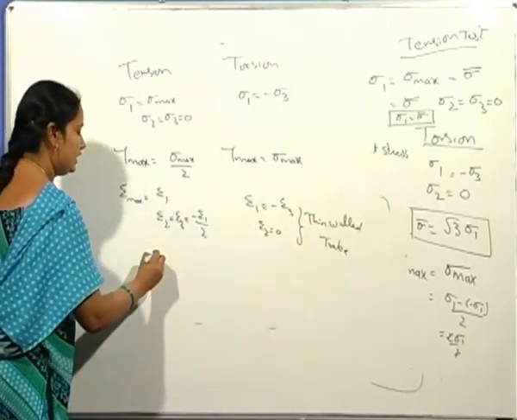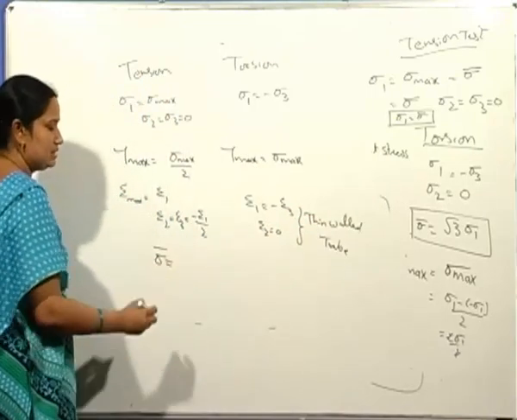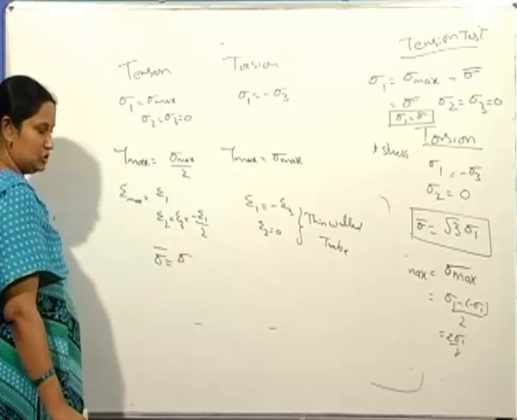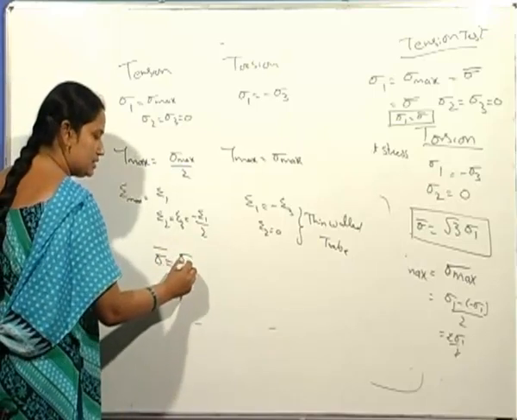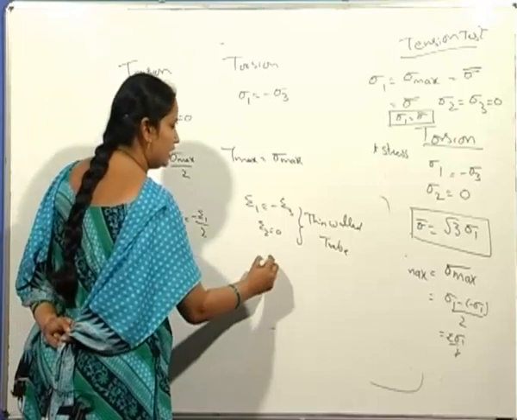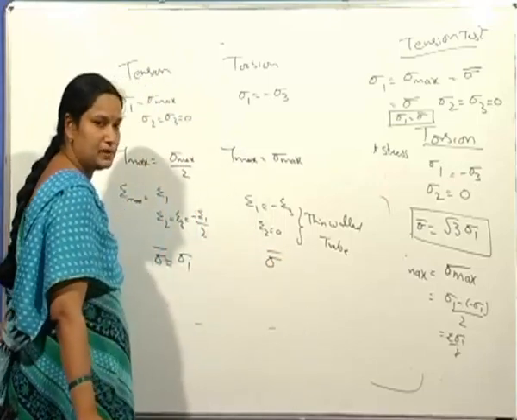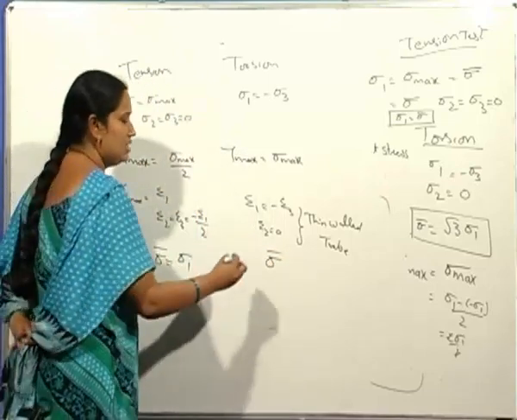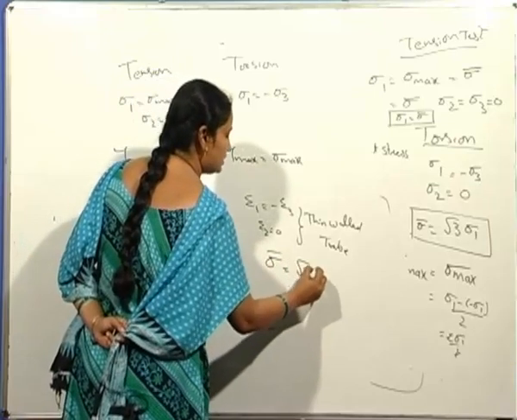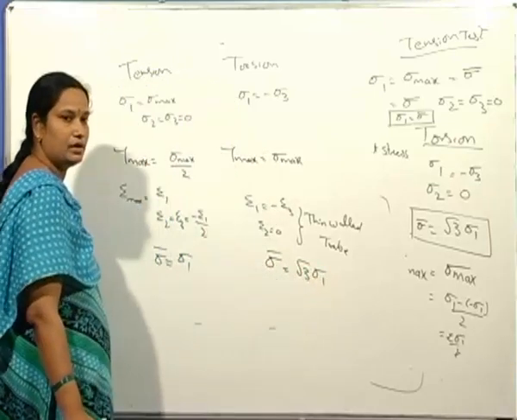And the effective stress or the equivalent stress is equal to the principal stress or the normal stress, and in torsion the effective stress or the representative stress or equivalent stress is equal to √3 times sigma 1.